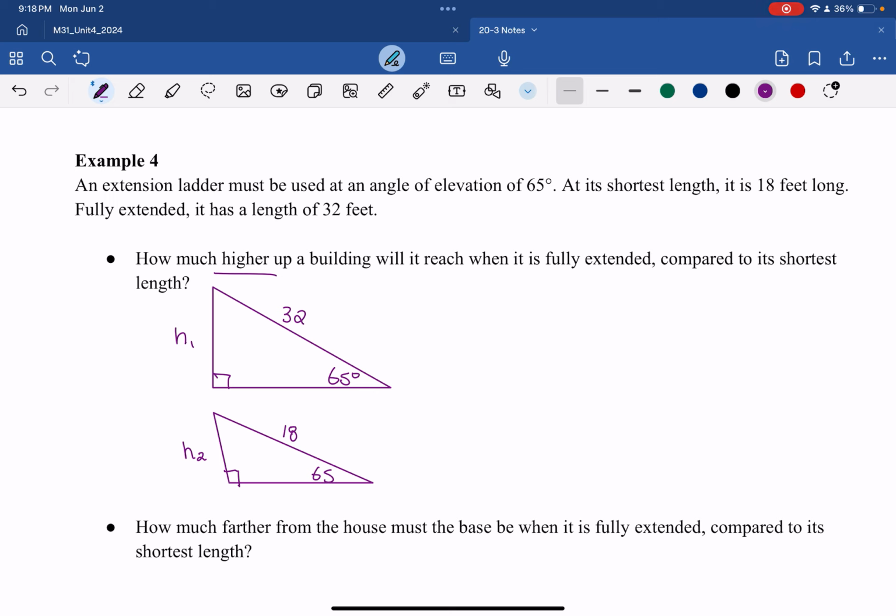Okay, so I want h, which is the opposite to that angle that I'm given of 65, and the 32 is my hypotenuse. So I'm going to use sine. So sine of 65 degrees equals height 1 over 32. Okay, and we do the exact same thing. The nice thing is that these triangles are actually the same.